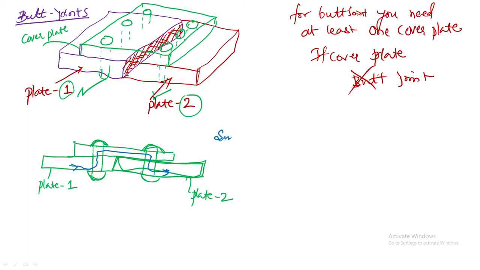Suppose you say single cover butt joint, how many rows are you having here? You are having 2 rows. One row is to be on plate 2, one row is to be on plate 1. Then only is it possible to form the joint.